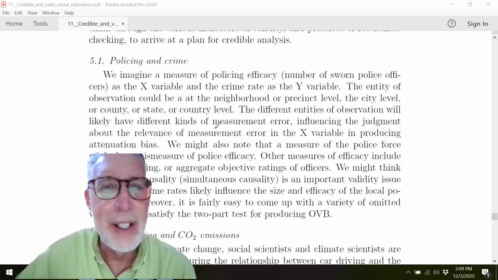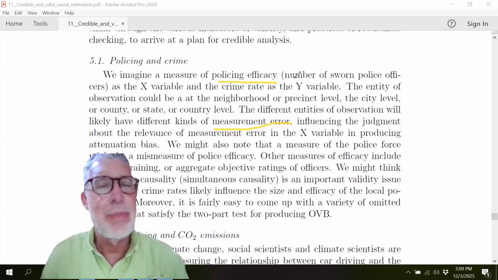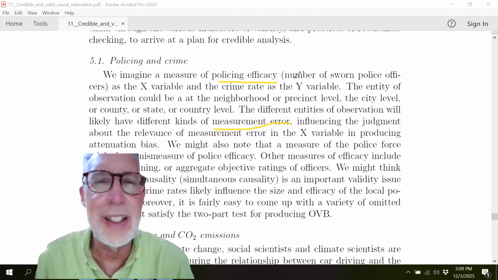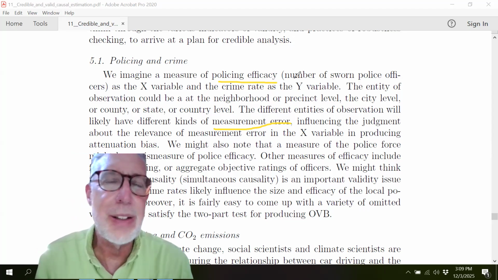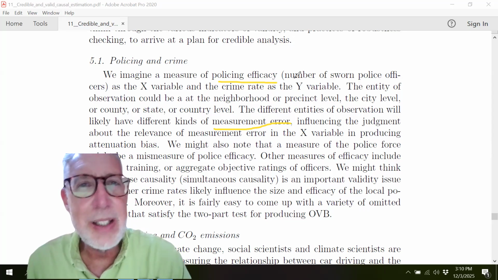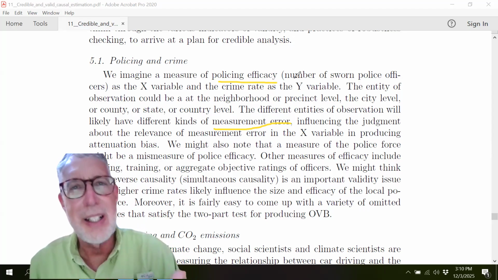But we'll also have measurement error issues. How do we measure policing efficacy? If a jurisdiction hires a whole bunch of people who aren't qualified to be police officers, or who are barely trained to be sworn police officers, is that an improvement in efficacy? We might even think that it would be a decline in efficacy.